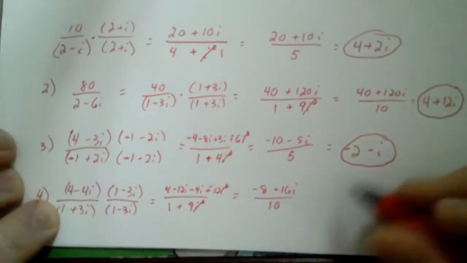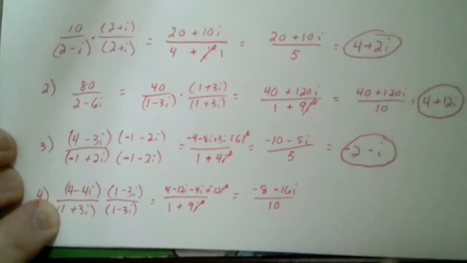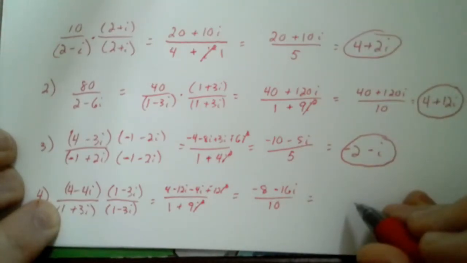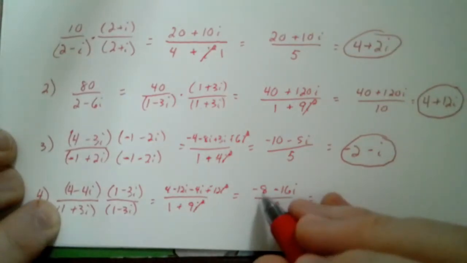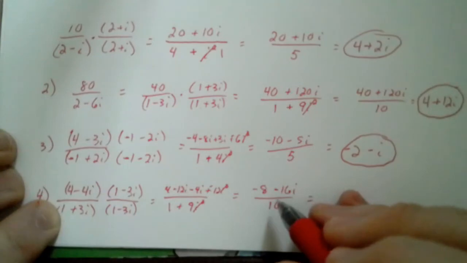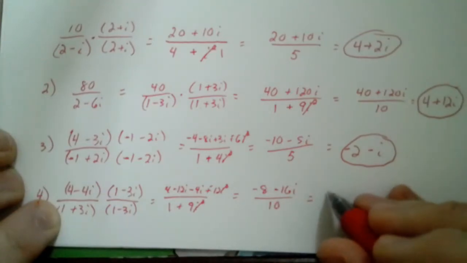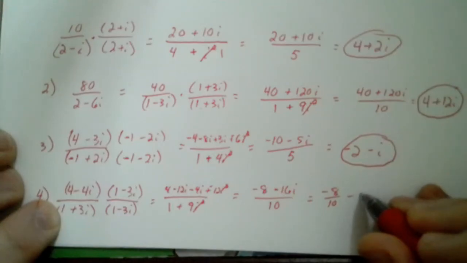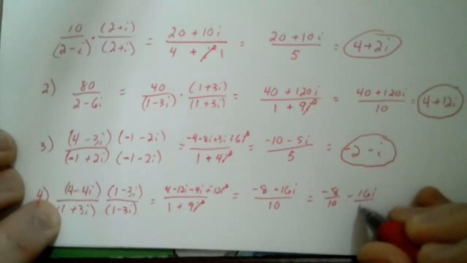Now here, so far they've all reduced very nicely. This one still reduces. All right, what's the number that goes into 8, 16, and 10? Well, I actually like to break them up here, right? Because I'm still looking for a plus bi. So if it helps you, I'm going to write negative 8 tenths minus 16i over 10.